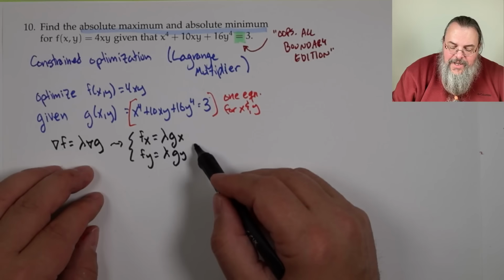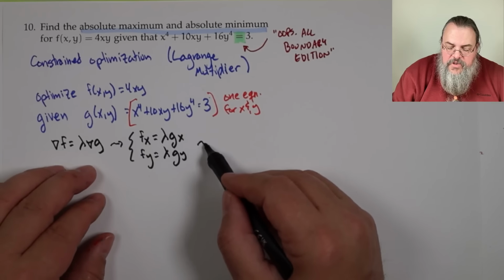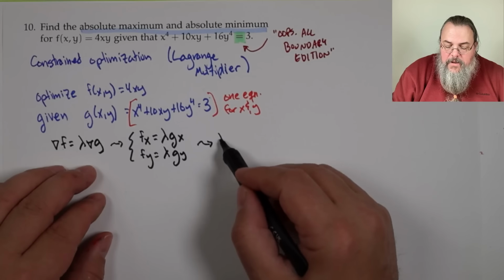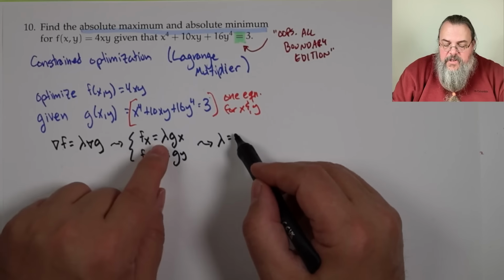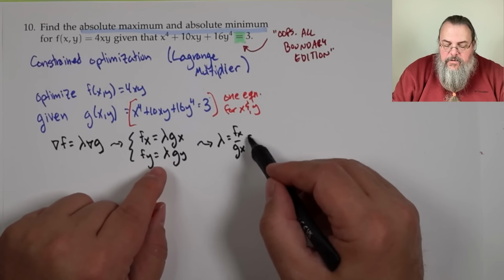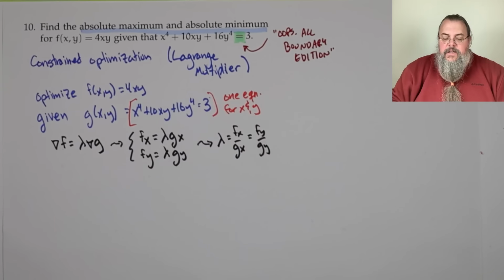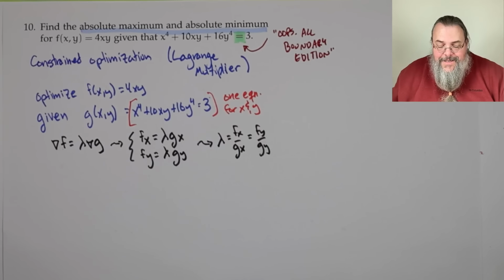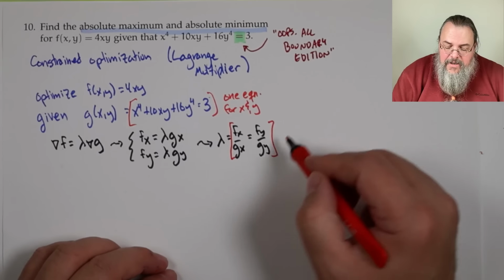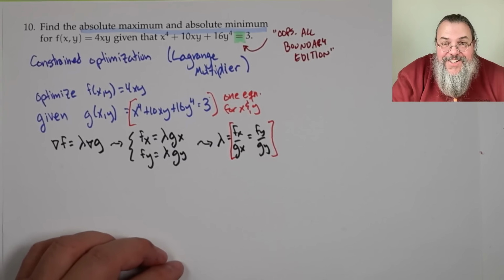Which becomes, and I'm just going to say what this becomes generically, then I'm going to actually do what I would do in practice. Solve for lambda. So in the first equation, you get fx over gx. In the second equation, you get fy over gy. And now you say, well, hold on a second. Because these both equal lambda, they must equal each other.